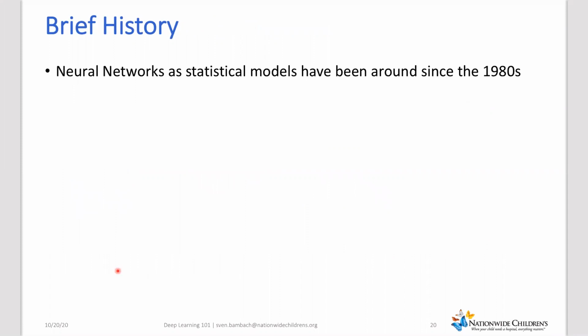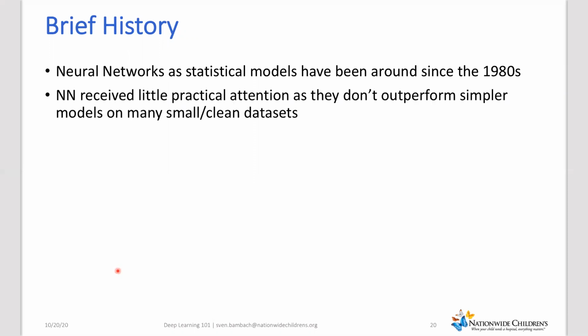The idea of neural networks as statistical models is not new. It has been around since about the 1980s, I would say. So the idea that we can build a network and optimize it with backpropagation is not really new. However, historically, these networks have received little practical attention.